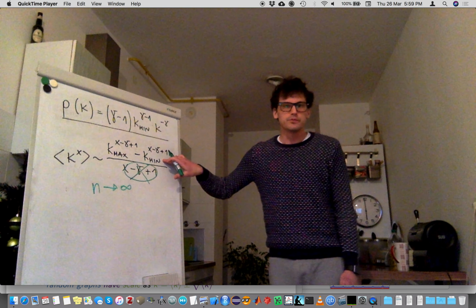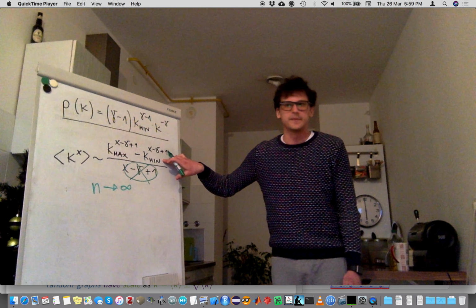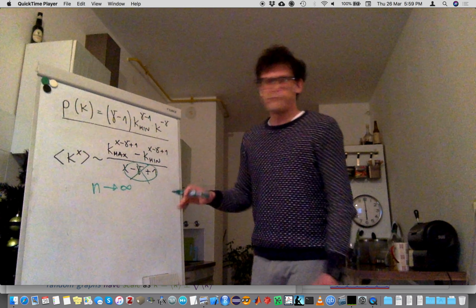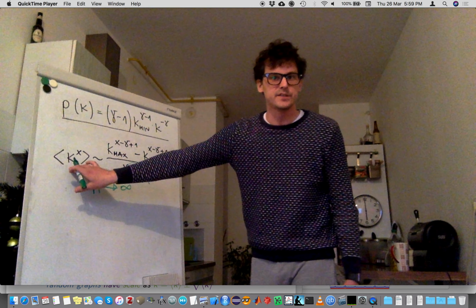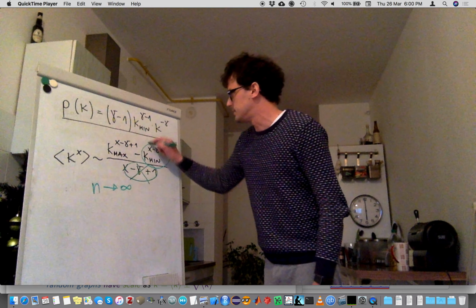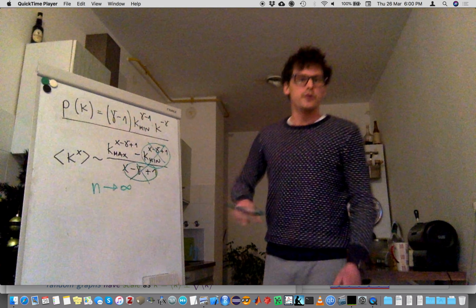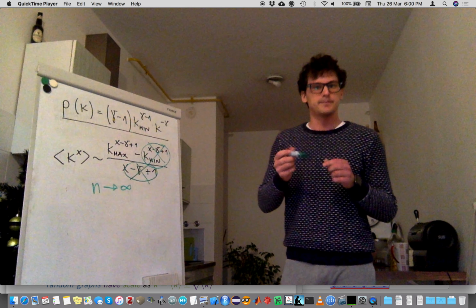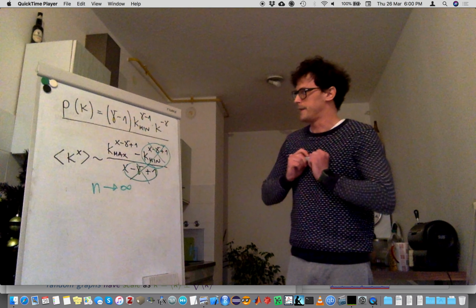So this will also be some modest number that will not scale with n. So just for the scaling of these moments, whether they are finite or not, we can also forget about this part. We are only left with k sub max to the power of x minus gamma plus 1.